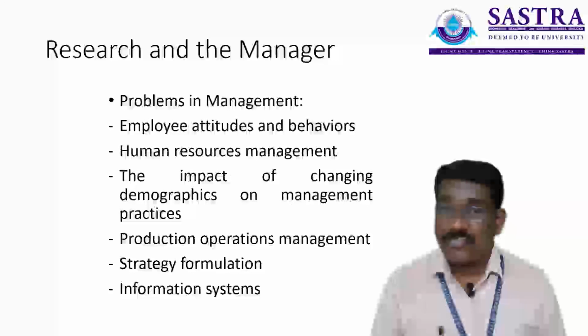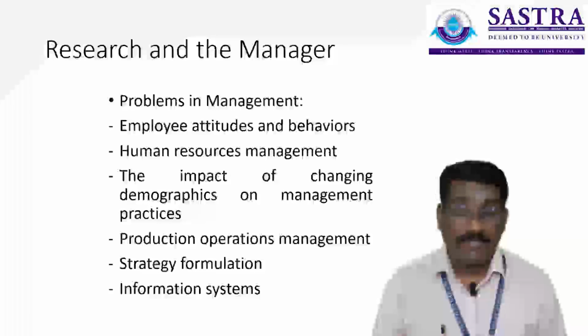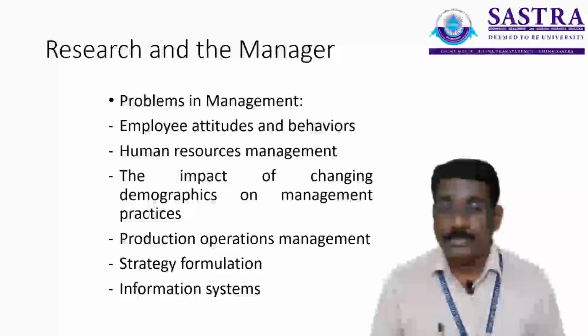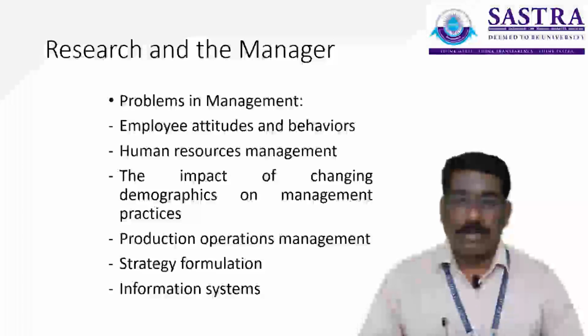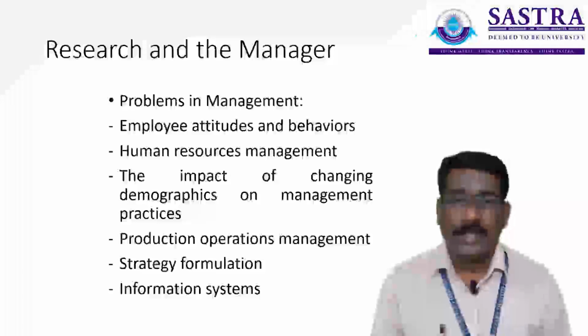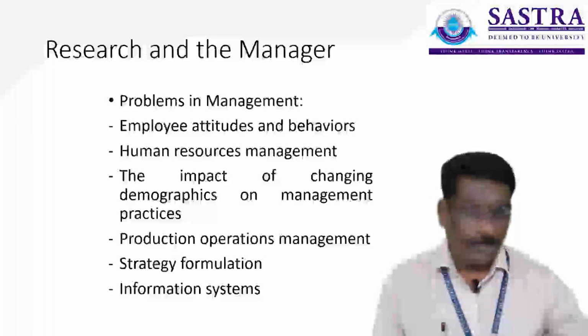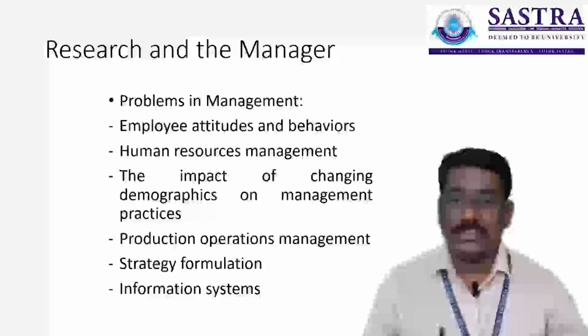So strategy formulation is a very significant area which needs a lot of research inputs. Also, what kind of information system is required, and modern technology plays a crucial role in providing the information required for a decision support system.